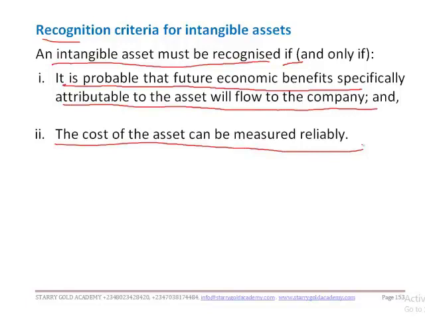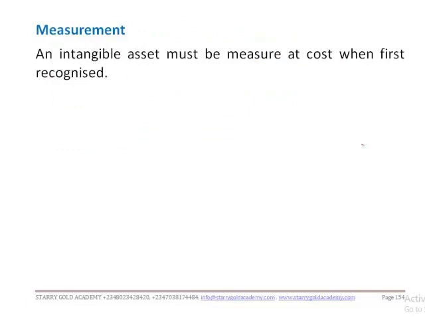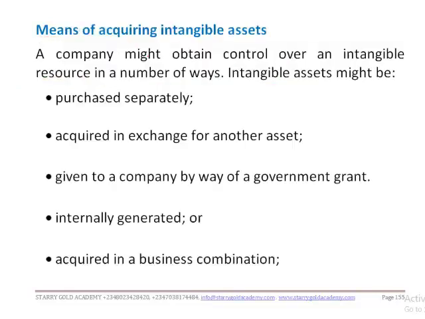The only difference is that these have no physical substance, and it is a non-monetary asset. So measurement: how do we measure an intangible asset? An intangible asset must be measured at cost when first recognized. That's initial recognition.